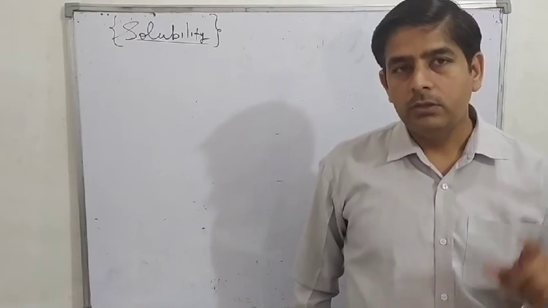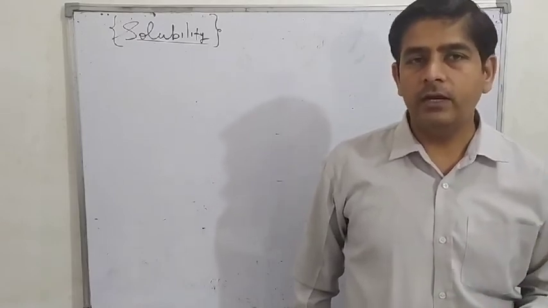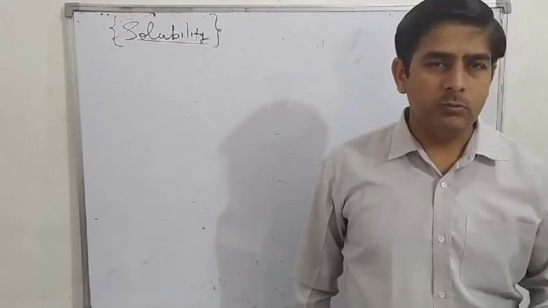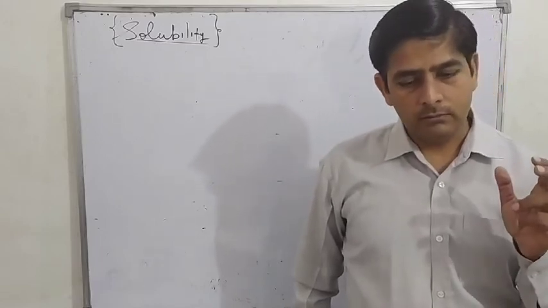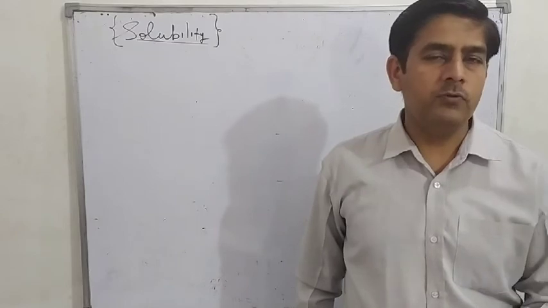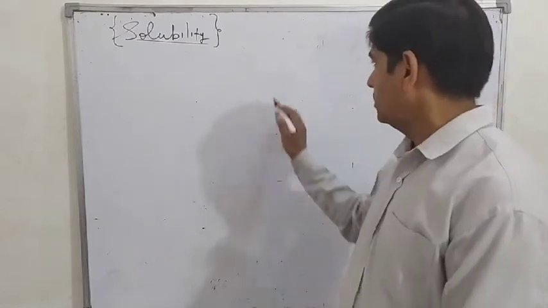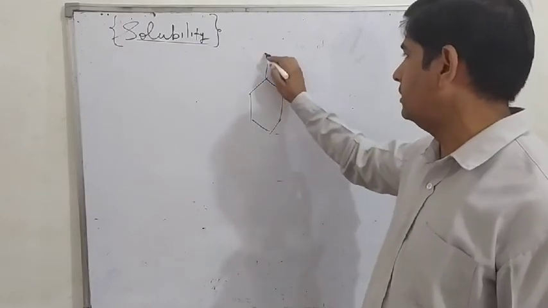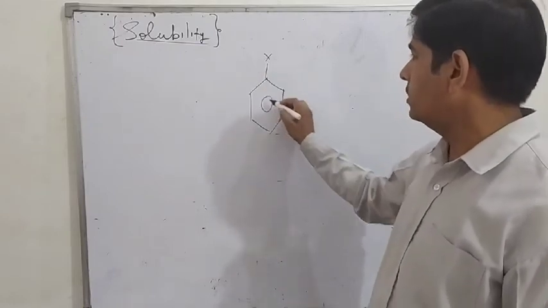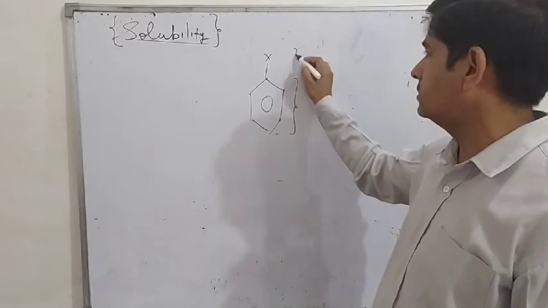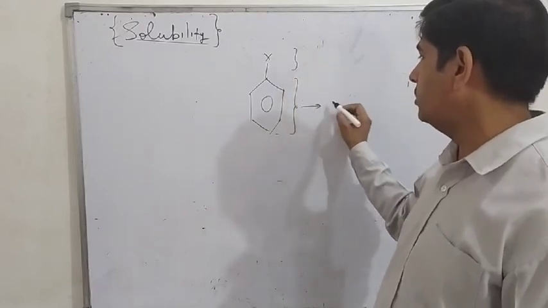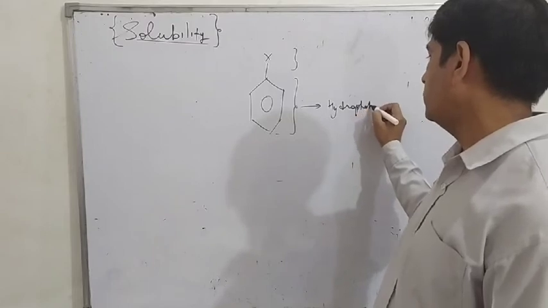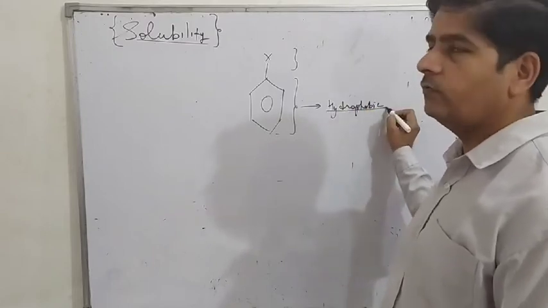If we talk about aryl halides, they are insoluble in water. So most probably questions on aryl halides can be asked. Let's see, suppose we have this aryl halide. In aryl halide we have two parts. One of the parts is called the hydrophobic part.